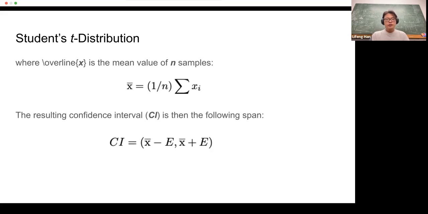And the overlap x is the mean value of n samples. Then the resulting confidence interval is calculated using the following span: overlap x minus e to overlap x plus e.